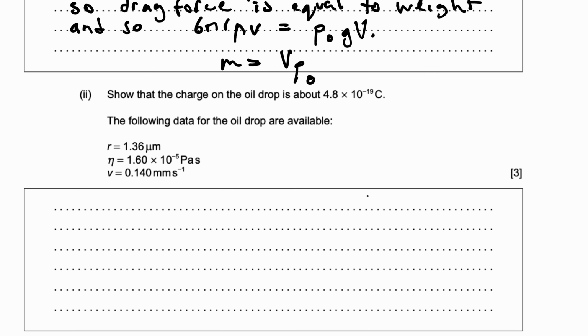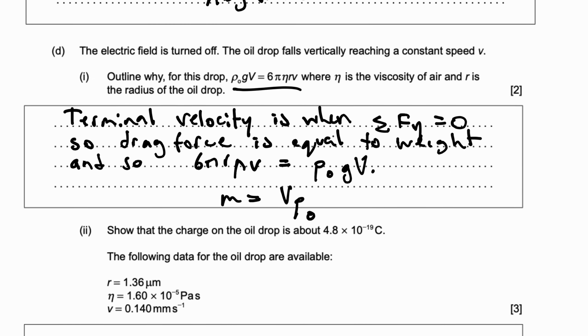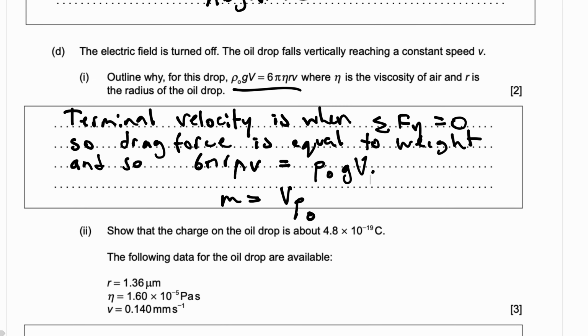Okay. Part 2. Show that the charge on the oil drop is about 4.8 times 10 to the power of negative 19 coulombs, and the following data is available. Now, using the concept that we got beforehand, we can solve this question. How do I do this? Well, I need to find out what is the charge on the oil drop.